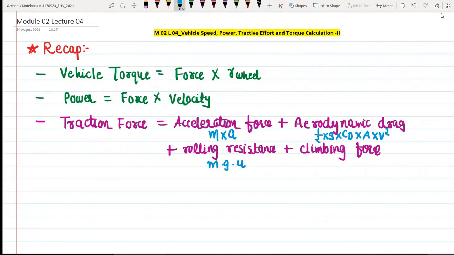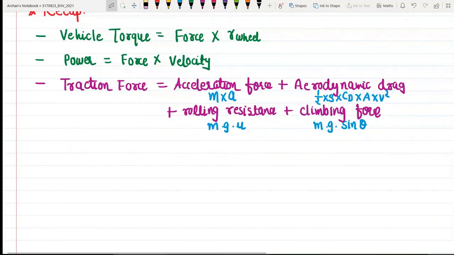So ultimately we are left with the equation mg into mu. And the climbing force is given by mg sin theta, where m is the gross vehicle weight and g is the gravitational acceleration. So this was the traction force given by the electric vehicle, or any vehicle. A petrol vehicle will also generate the same tractive force.